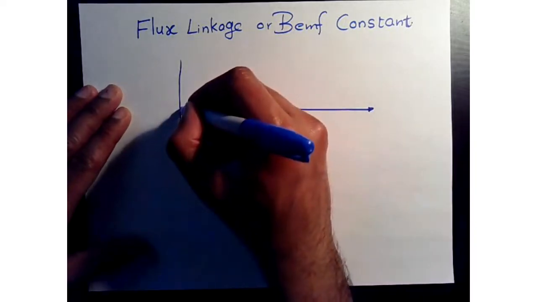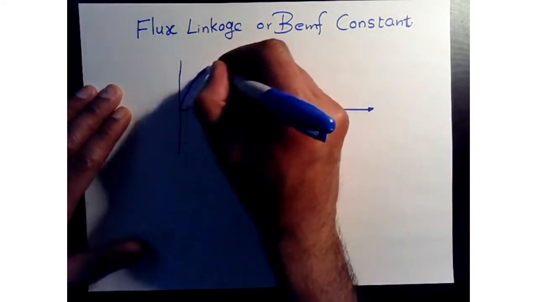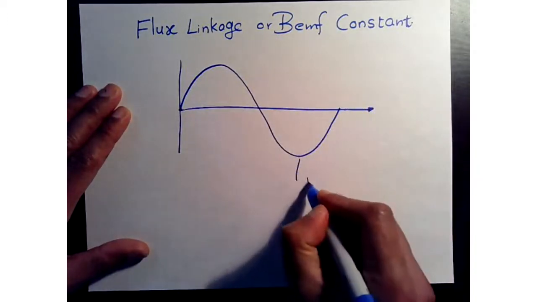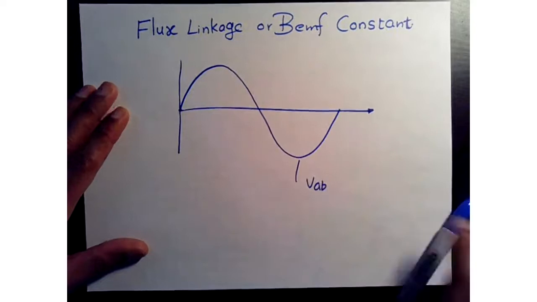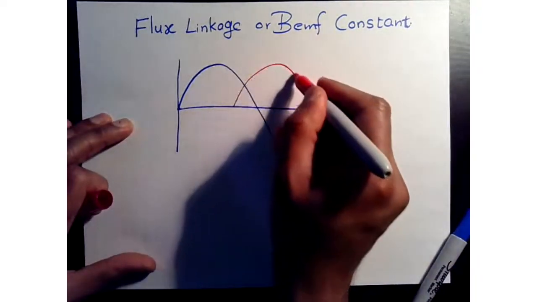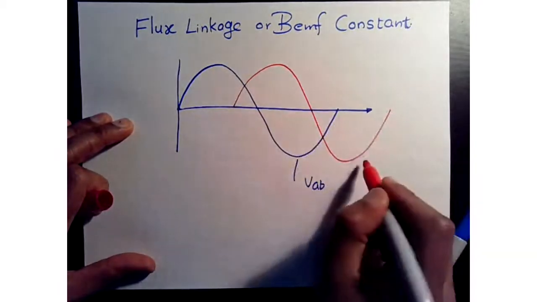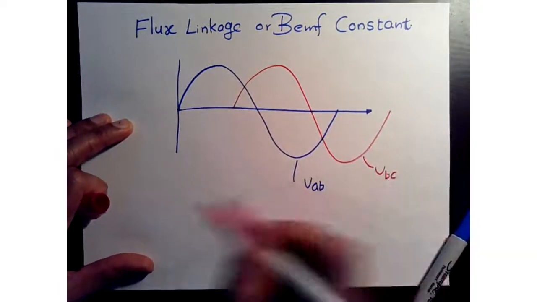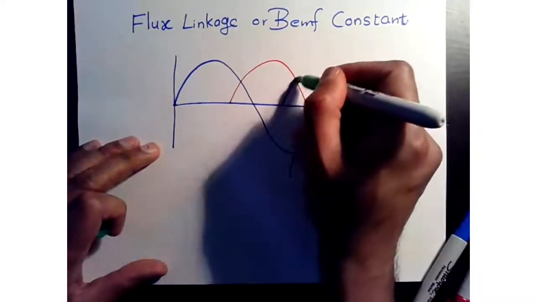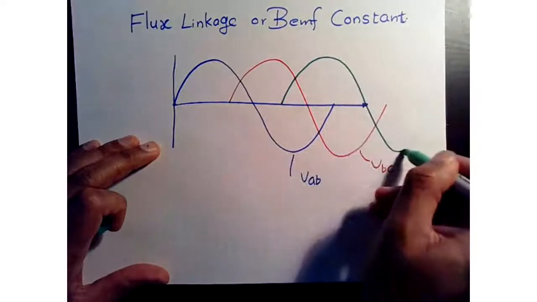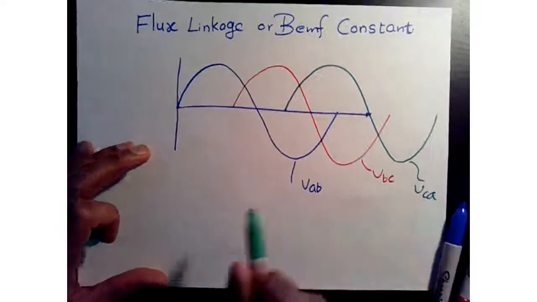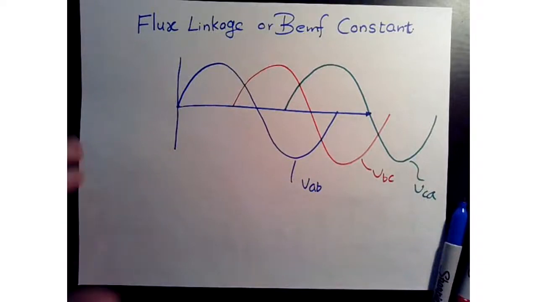So now you have named your phasors. This becomes VAB, and then we have our VBC. Then we have our third phase, VCA. Okay, so you have measured them.